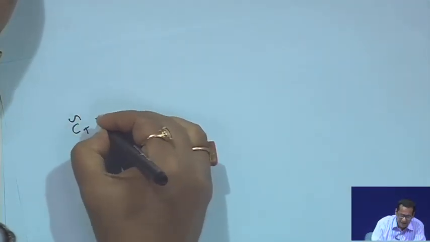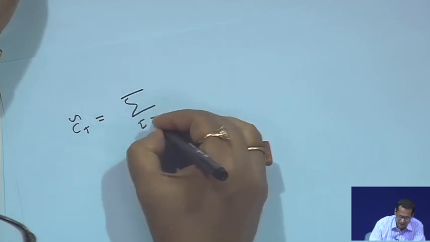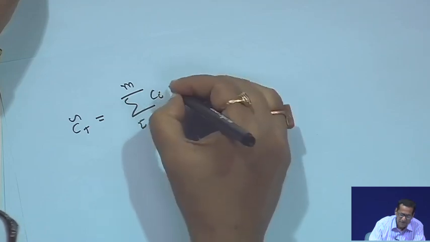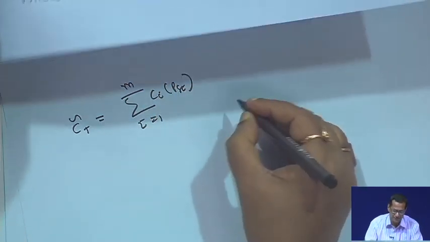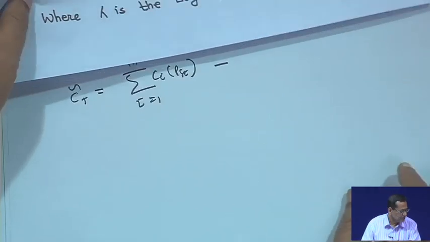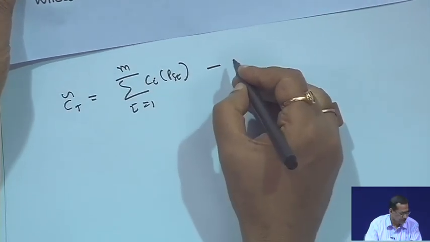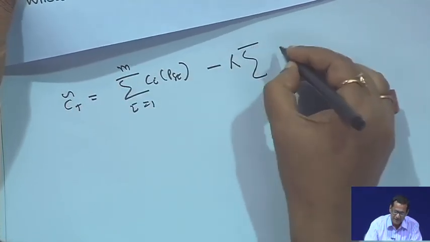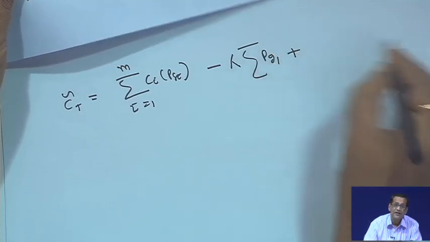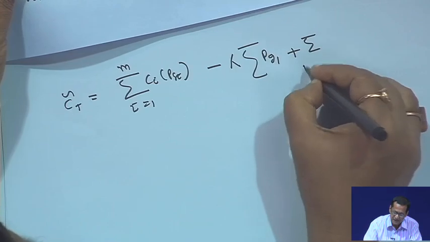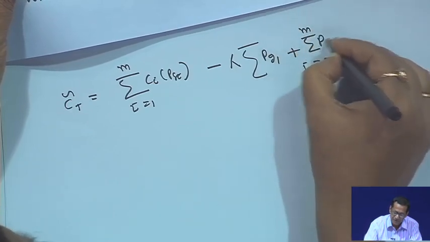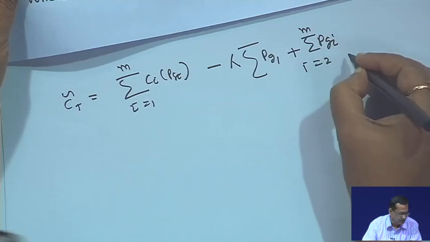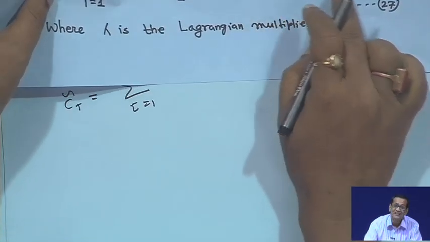Ct tilde is equal to sigma i equal to 1 to m Ci of Pgi, minus lambda times the bracket, where we can take Pg1 out, then sigma i equal to 2 to m Pgi, minus P loss, function of all these things.